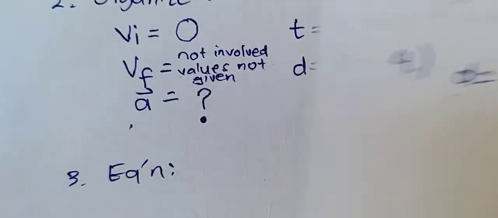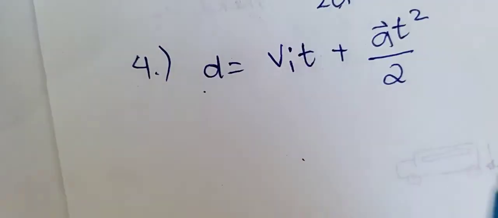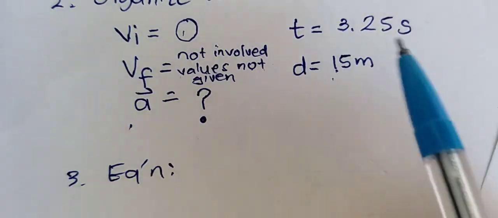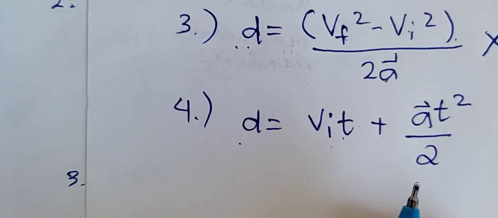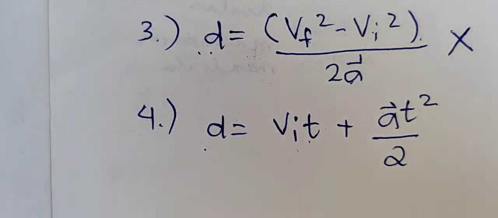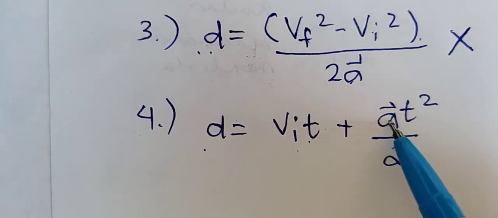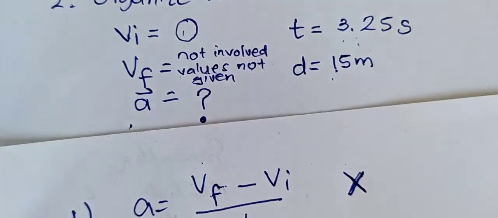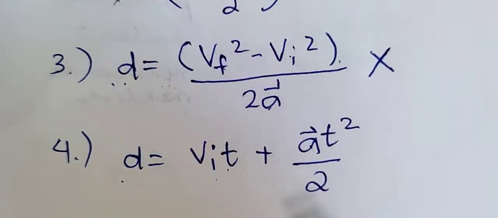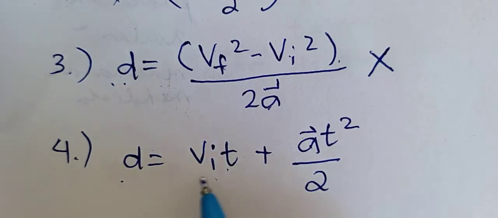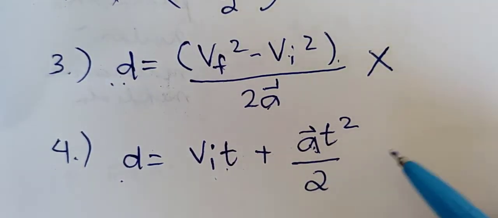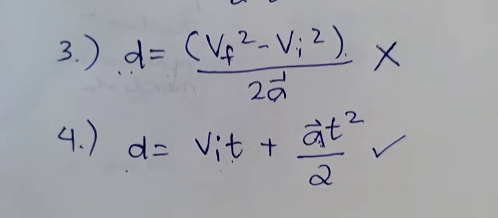We have distance in the problem, 15 meters, Vi which is 0, time which is 3.25 seconds, and we have acceleration which is involved but missing. Everything in this equation is directly involved in the problem, and the only missing value is the acceleration. Therefore, equation number 4 is the one that we are going to use.